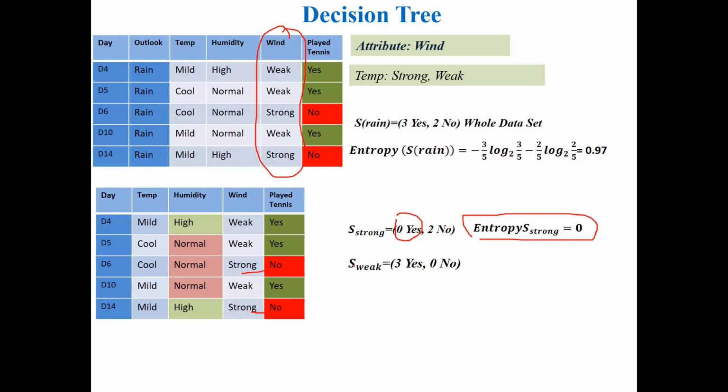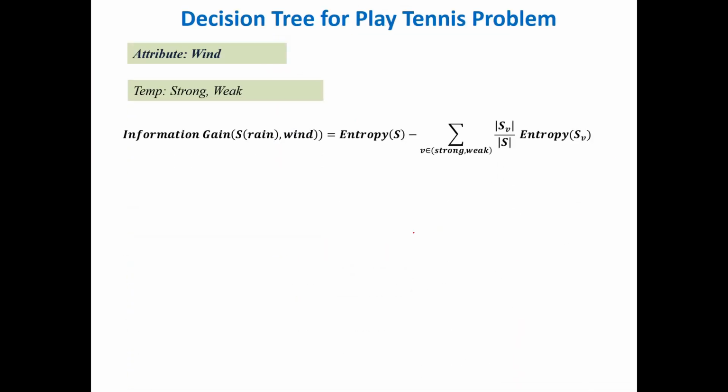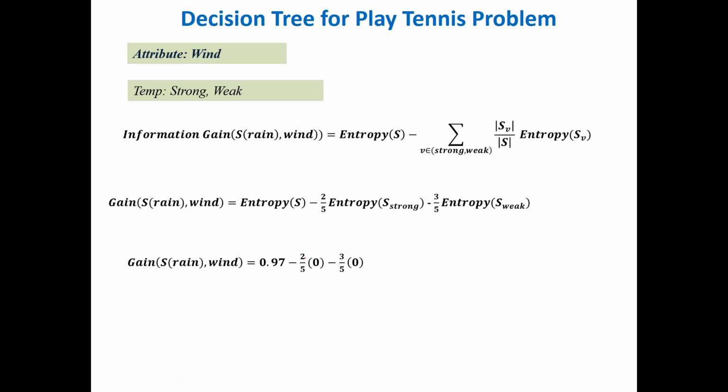And for S weak, 3 yes are there and 0 no, so again it will be 0. So definitely the information gain will be 0.97. You can observe here that the information gain of wind is equal to 0.97, because the entropy of strong and the entropy of weak are both 0.